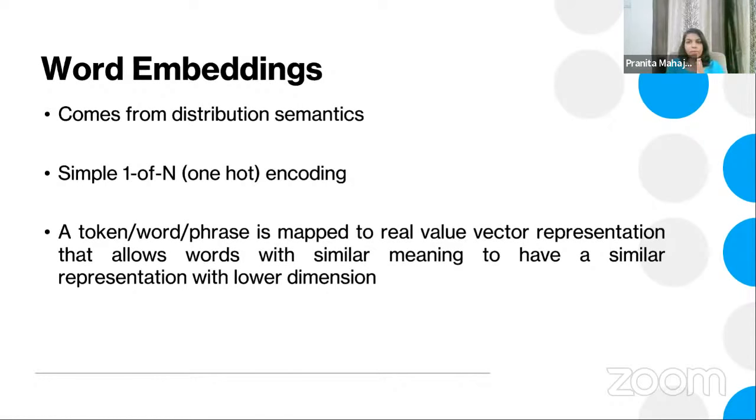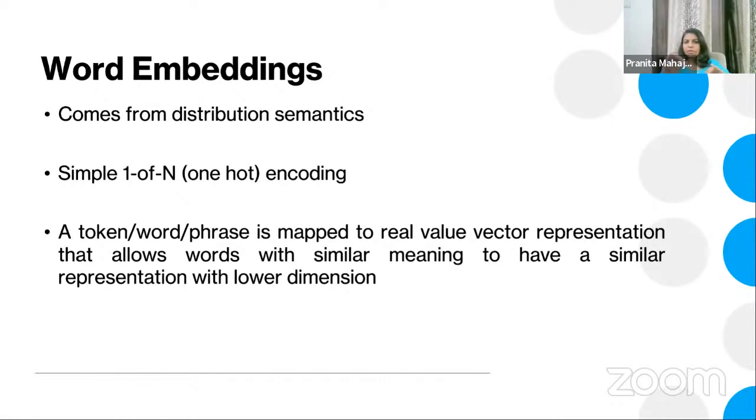But when I say understand the word only with respect to the neighboring words, then sometimes those neighboring words may not be giving me sufficient explanation about those words, right? So word embedding is facilitating the distributional semantics.